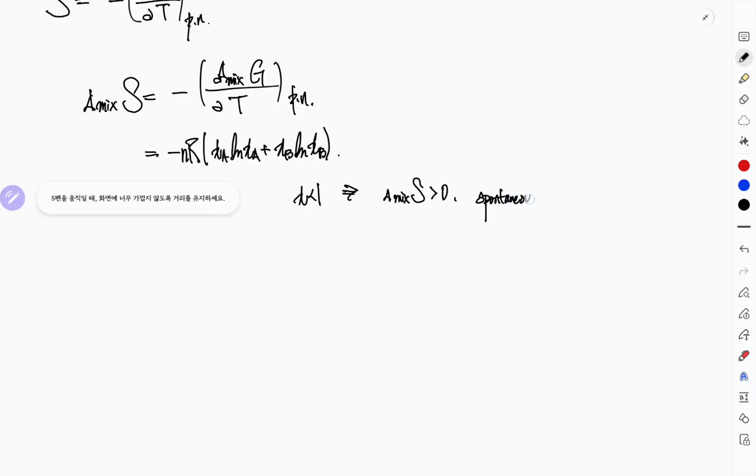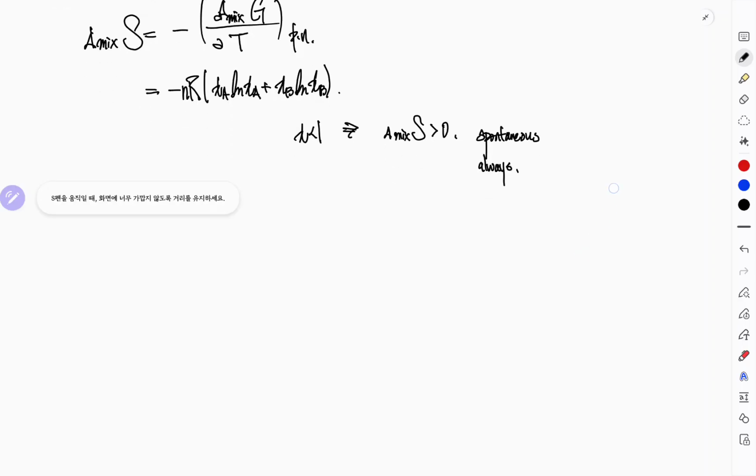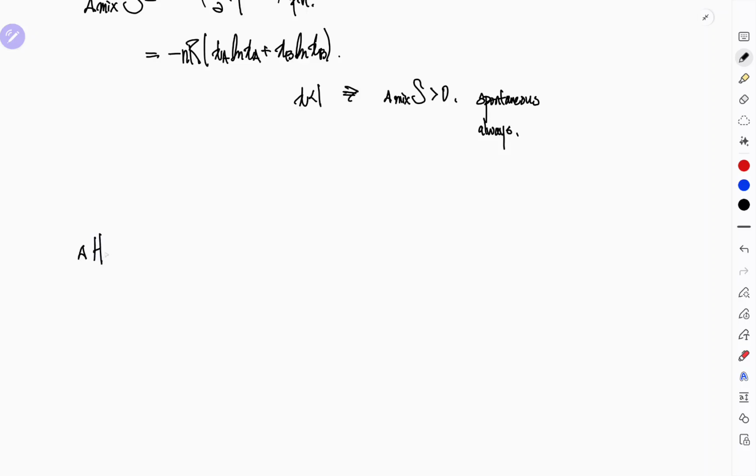So the entropy is always positive. Let's see the enthalpy here. By the definition, enthalpy change is the Gibbs energy change plus T multiplied by delta S. So delta S was the differential of the Gibbs energy over temperature, so if we multiply by temperature here, it is the same as the Gibbs energy change.